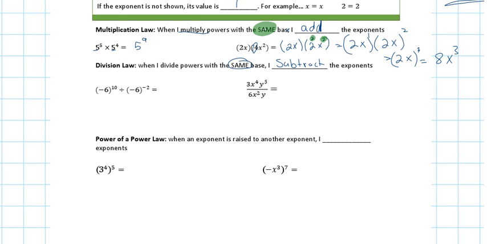If you're taking away negative 2, you're taking away a negative, right? So I have negative 6, it's also in brackets. And if I do 10 take away negative 2, that's the same thing as adding 2, so that's going to be negative 6 to the power of 12.